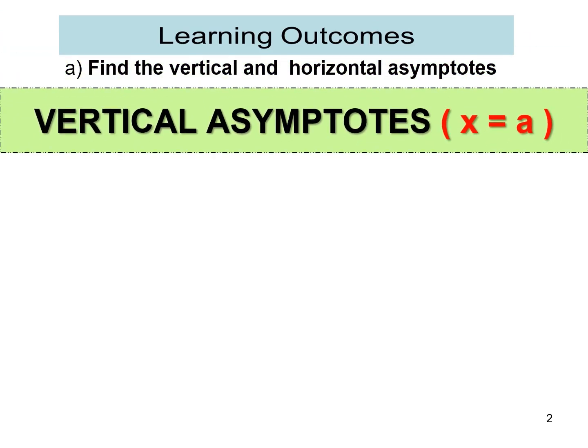Vertical asymptotes is when x equals a, and a can be any constant.